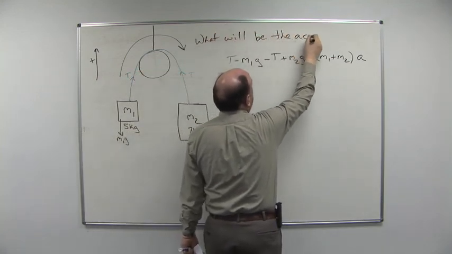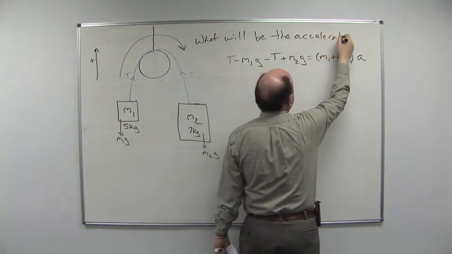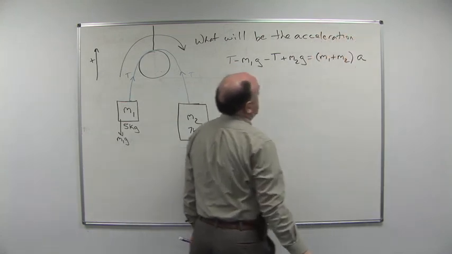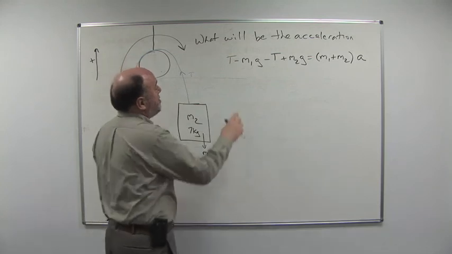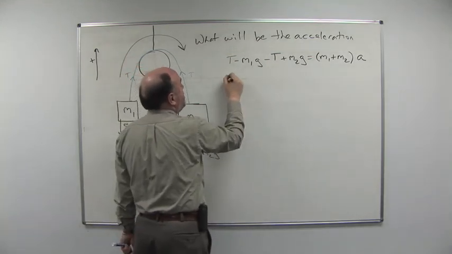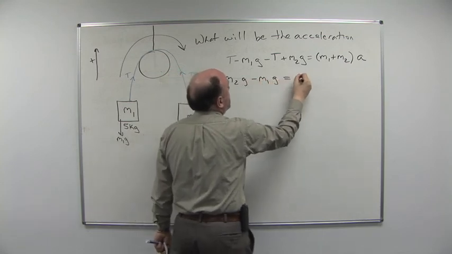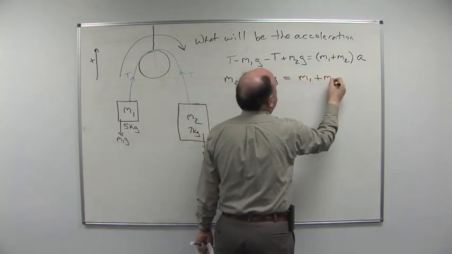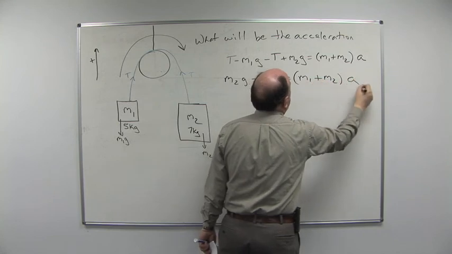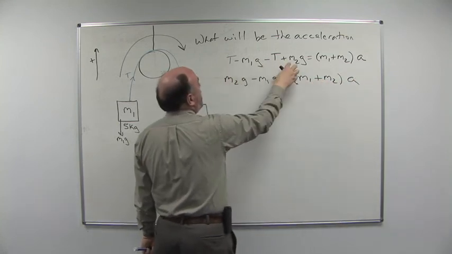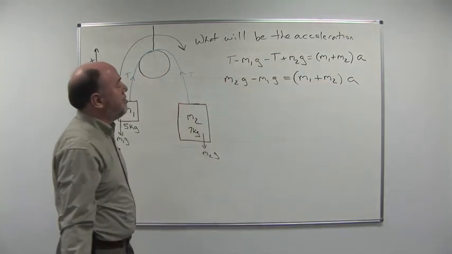And so now that we have this set up, we can find this. So we got that the T's will go away, and so we get M2G minus M1G is going to equal M1 plus M2 times A. So these two went away, and I just rearranged these into the opposite order.